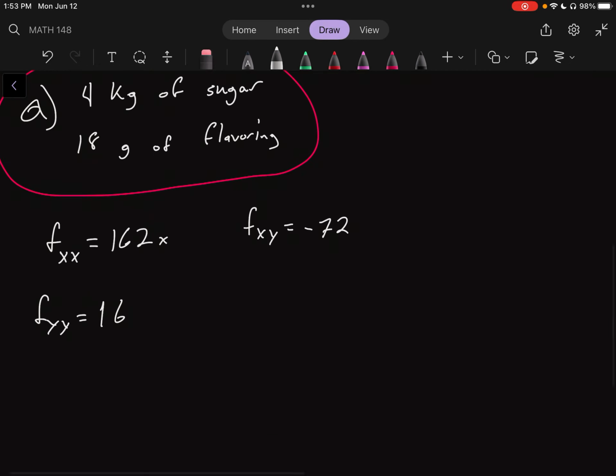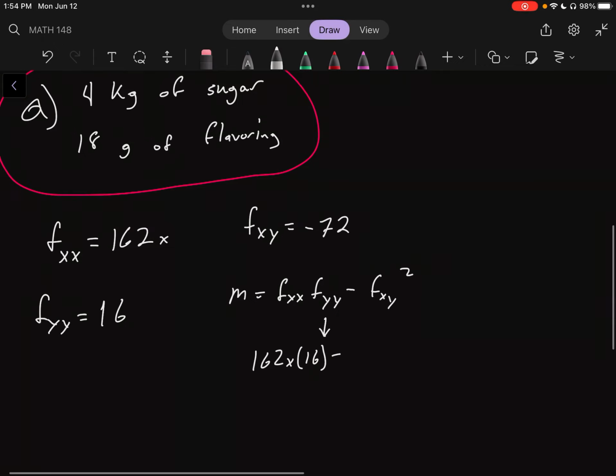So now we have all we need for m, which equals fxx multiplied by fyy minus fxy squared, which we can get to be 162x multiplied by 16 minus negative 72 squared is what m equals, right?